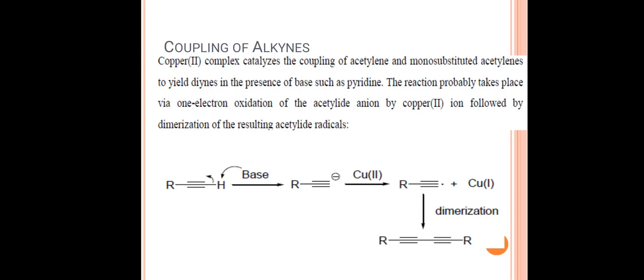Here the coupling reaction of monosubstituted acetylene takes place in the presence of copper(II) ion. Then at the last step the dimerization takes place, that means two radicals are merged together, and there is a formation of product.